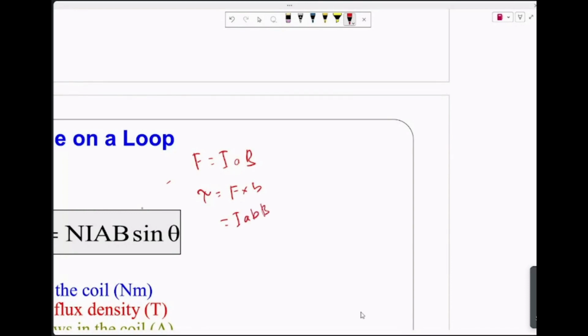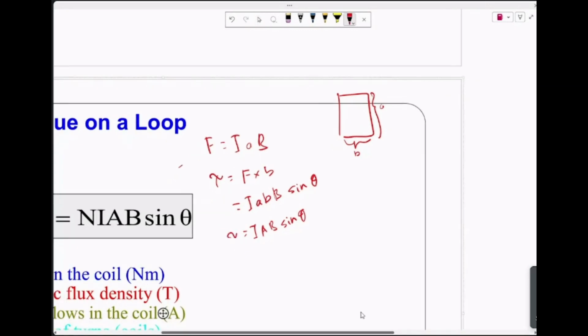Because we want magnitude, then this is cross product. Then we have sine theta. So A and B, as we know just now, this is B, the distance between force, this is A. So A multiplied by B technically is given by the area. Area B sine theta. So technically this is a torque.